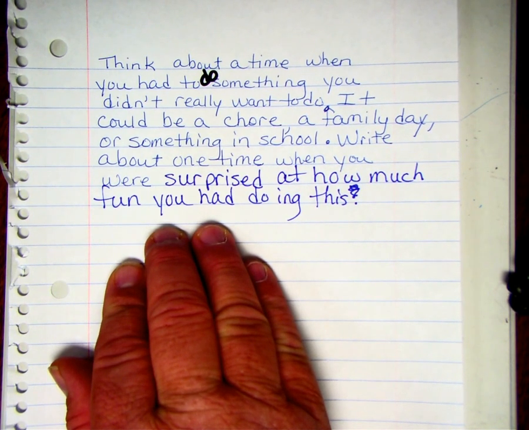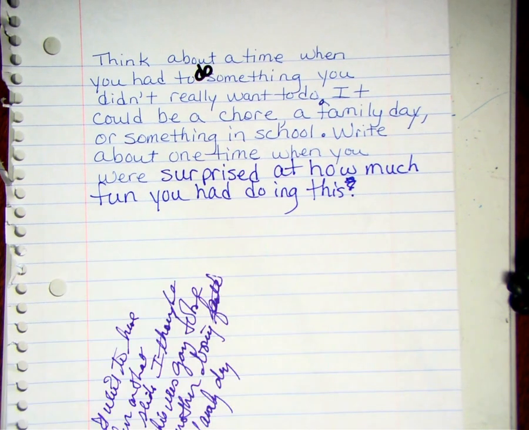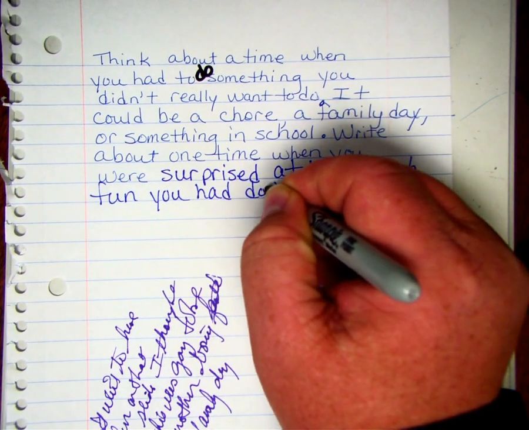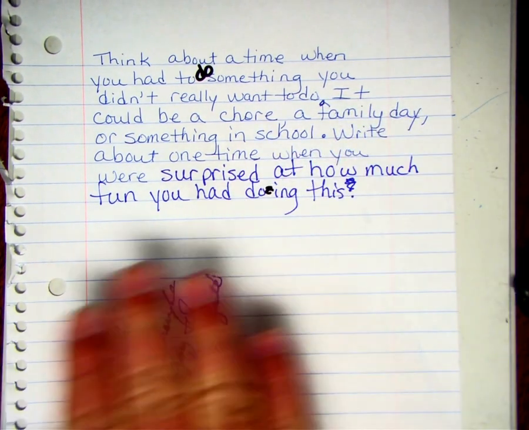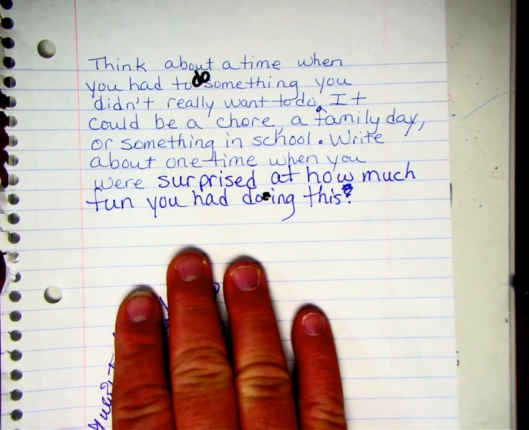It could be a chore, a family day, or something in school. Write about one time when you were surprised at how much fun you had doing this. So this is the writing prompt that I picked for the kids to write about this week. So let me take this out of the way, and let me show you my beginning.